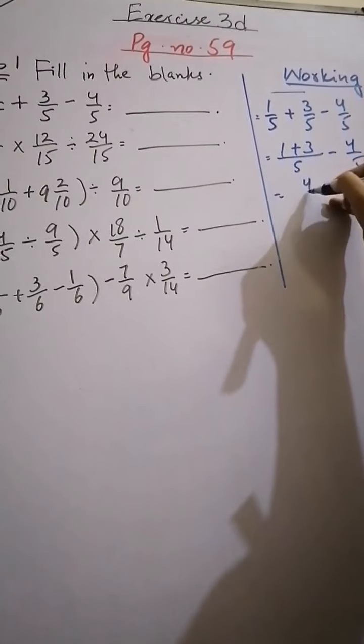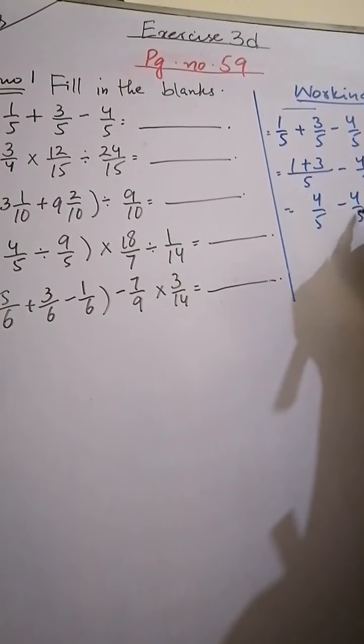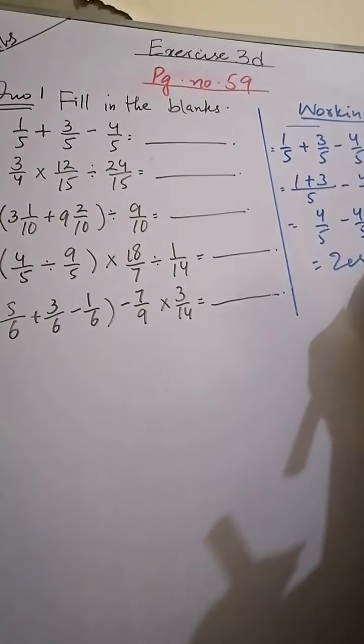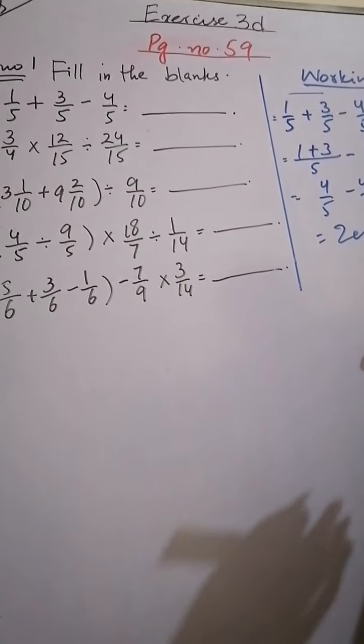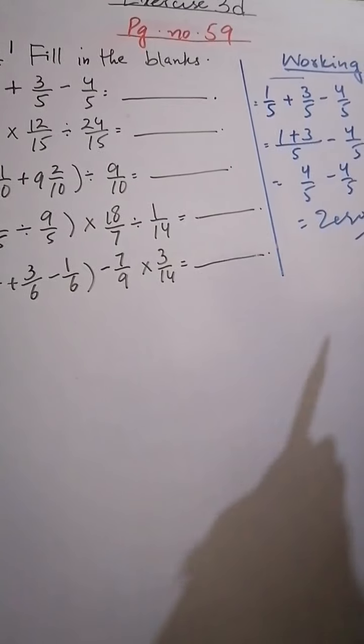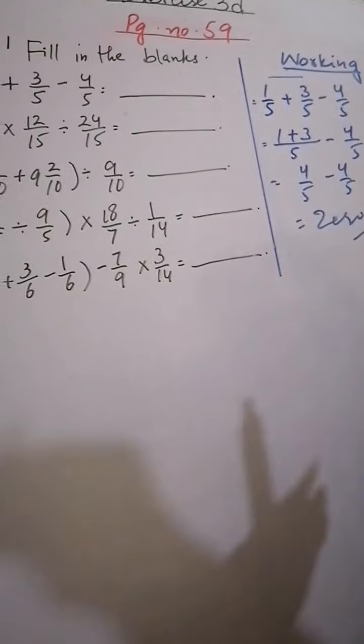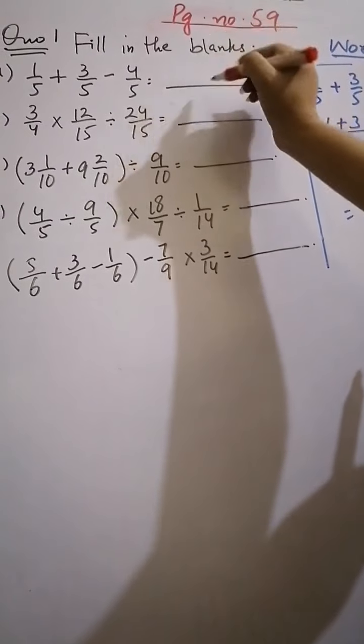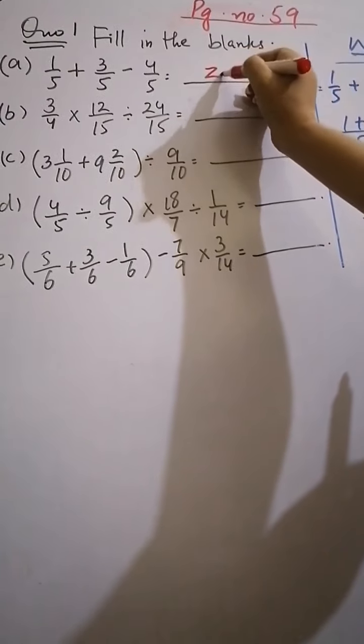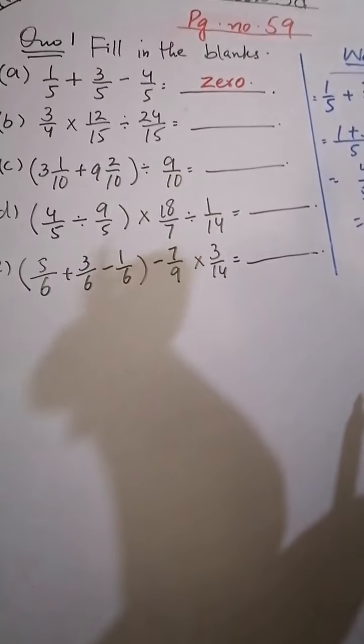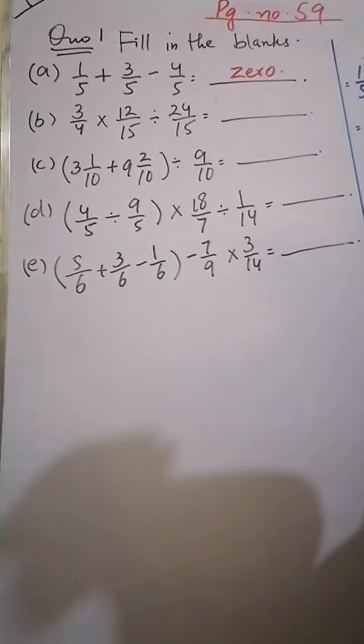So it's 4 by 5 minus 4 by 5, which means 0. Okay, it's 0, right? So we will write the answer over here. You can write a single zero or you can also mention it with the zero spelling, right?